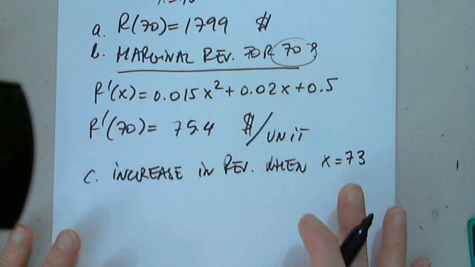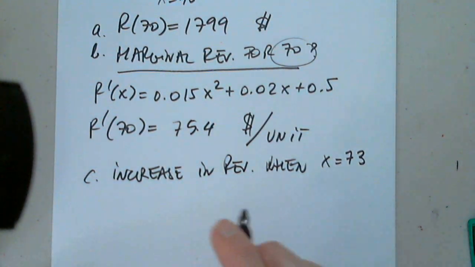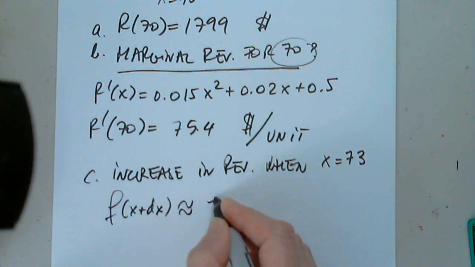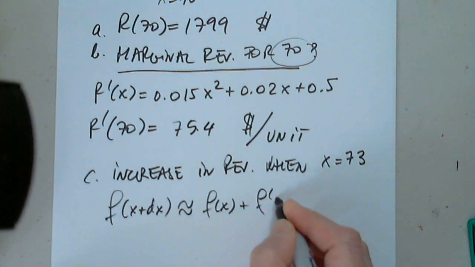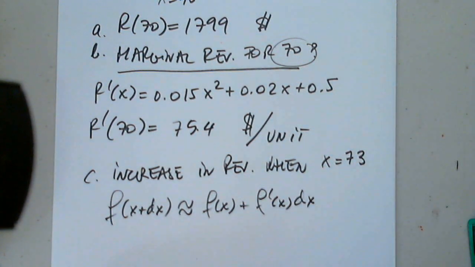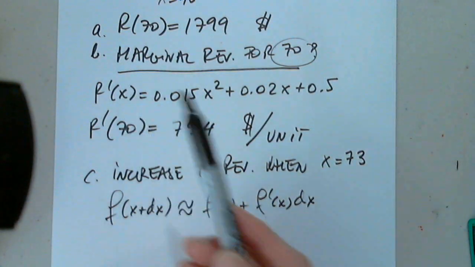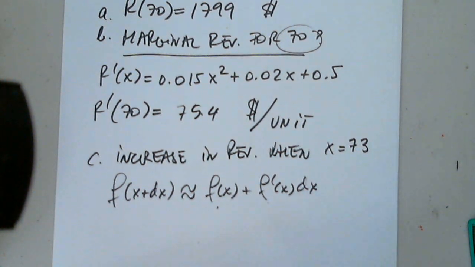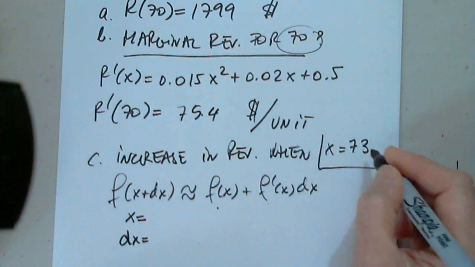And remember, this is that base important formula. f of x plus a little bit is approximately f of x plus f prime of x dx, where f prime, of course, is R prime, where dx will be identified in a moment, and f of x is R of x. So let's identify x, and let's identify dx. We are talking about 73.